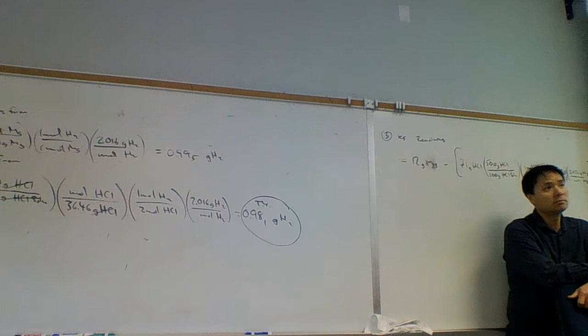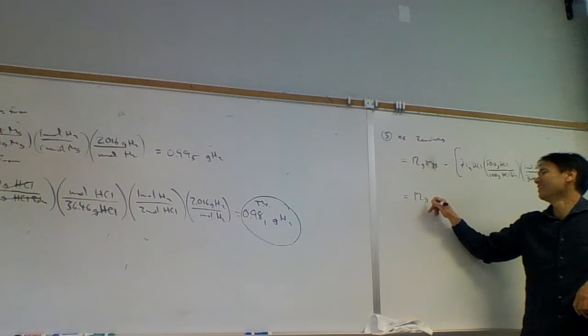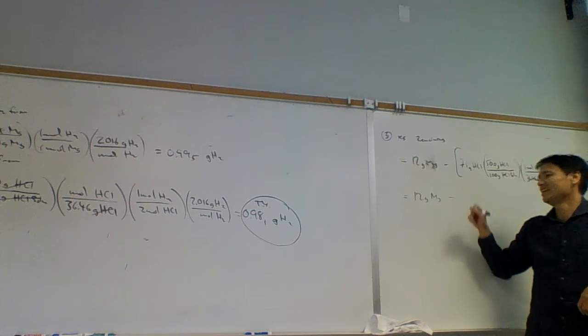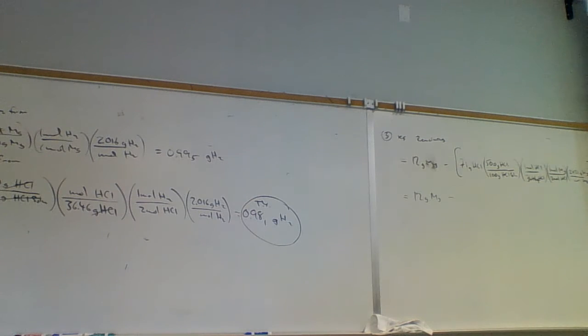What's the second term? The amount consumed by the limiting reactant. That's what this is. So how much was consumed by the limiting reactant? We have 12 grams of magnesium minus the grams consumed. The limiting reactant was 71 grams of HCl.